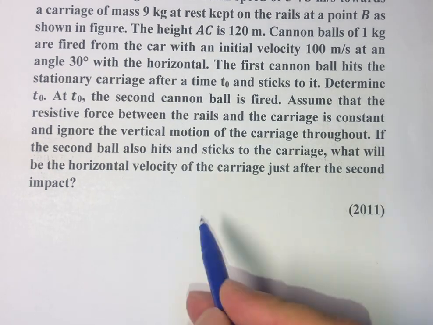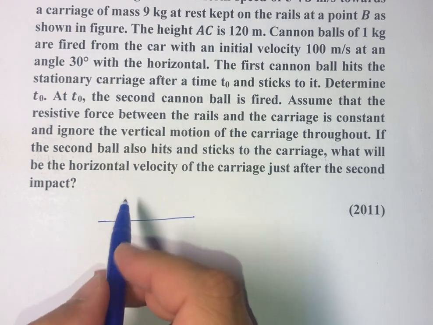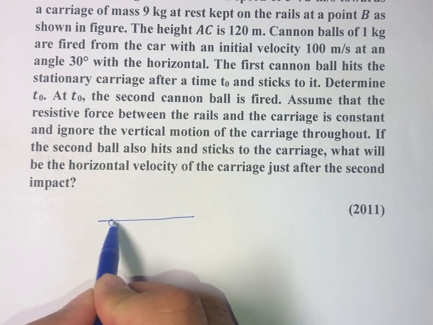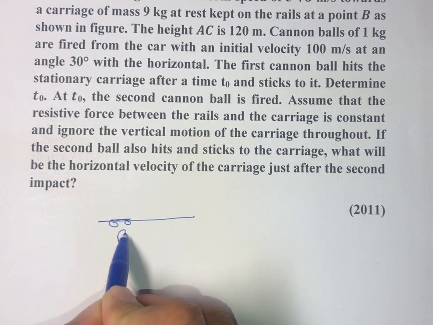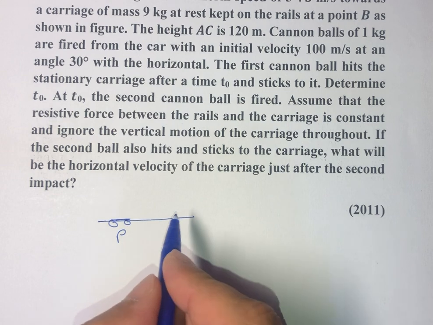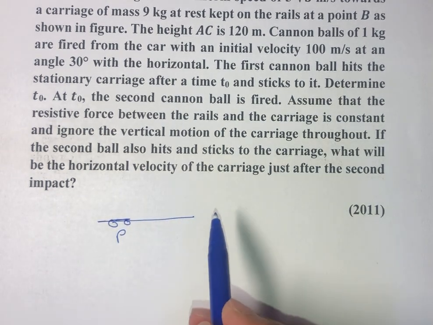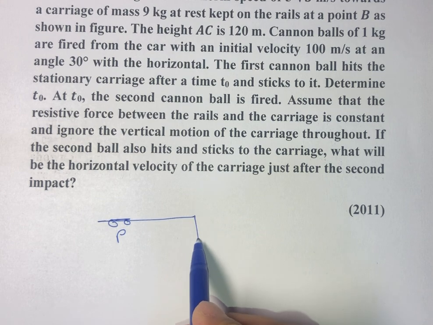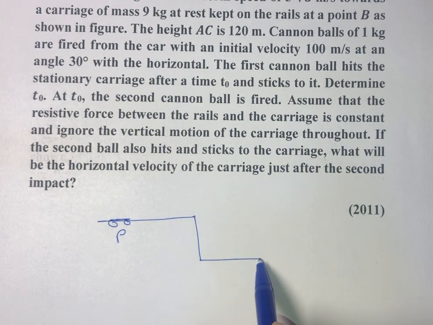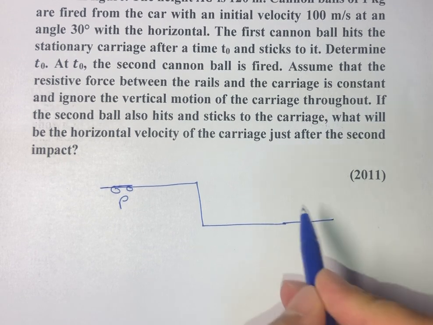So let's draw the figure first of all. It is given, it is a car P which is moving with a uniform speed of 5 meter per second towards a carriage of a mass 9 kg, and that is kept somewhere here.